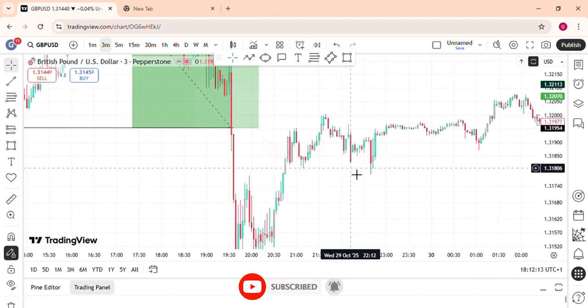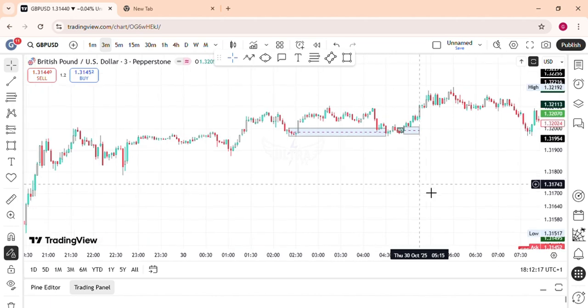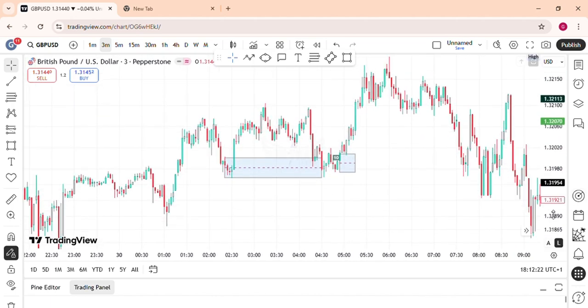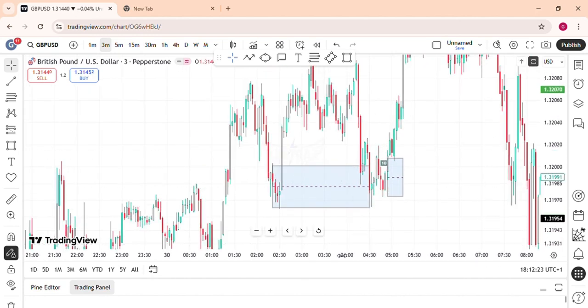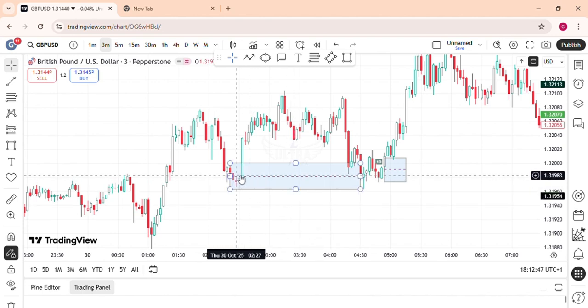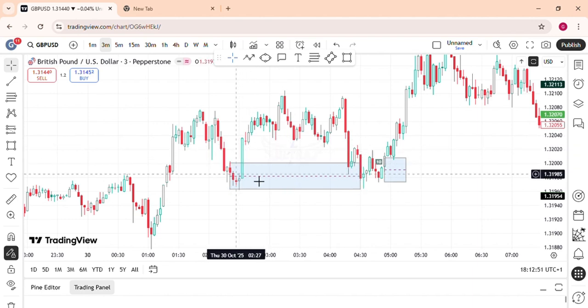would be on Thursday, last week Thursday, and it happened to be our first bullish trade in a while. This is a fair value gap here. You can see it. So we have a fair value gap here, and market tapped into this area.